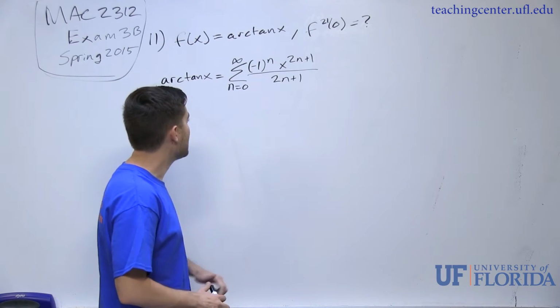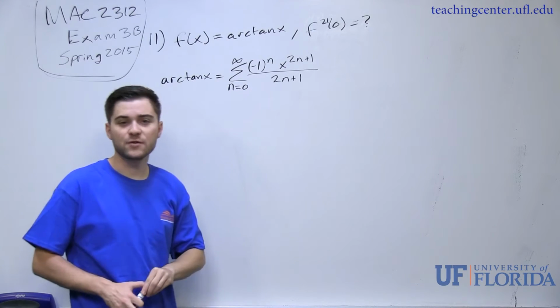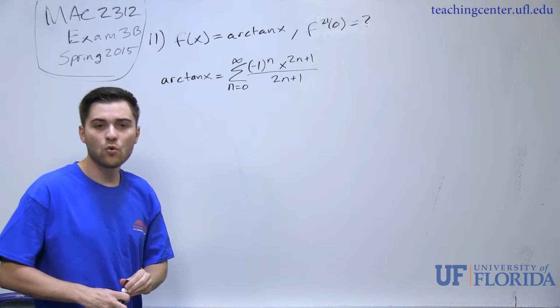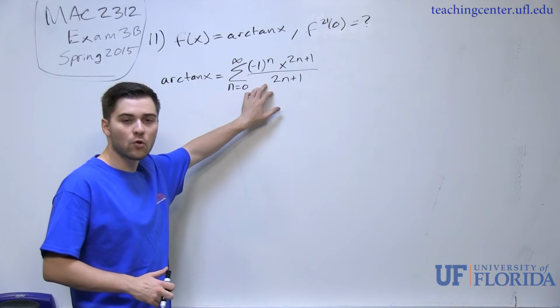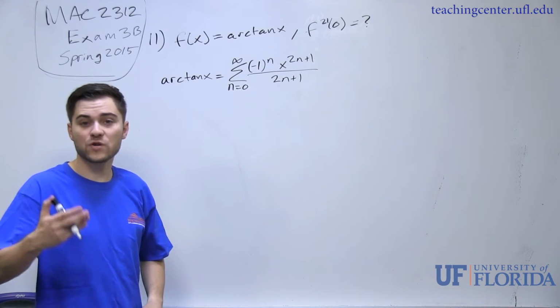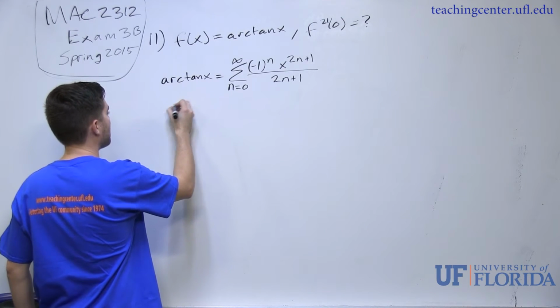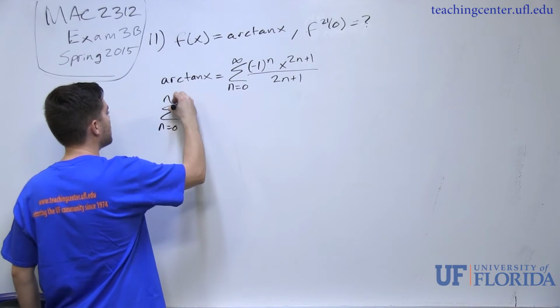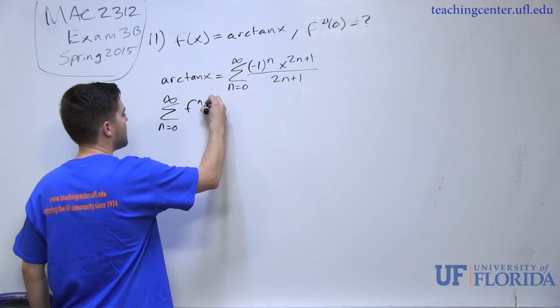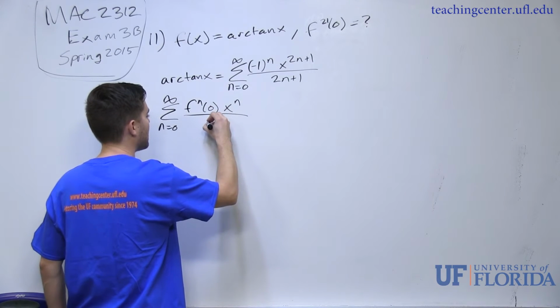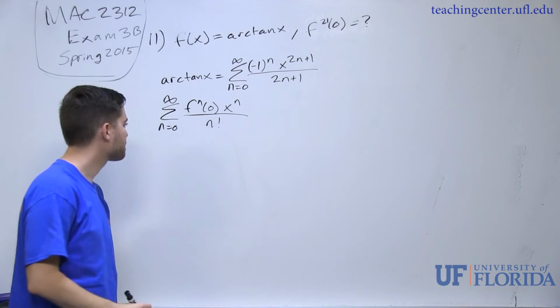So I'm going to look at this Maclaurin series and see if I can derive out what f^(21)(0) is. I know that any Maclaurin series is derived from the original expression, which is the sum from n equals 0 to infinity of f^(n)(0) x^n divided by n factorial.